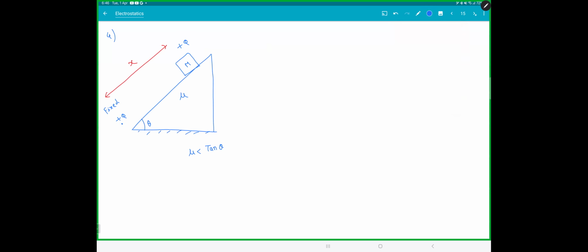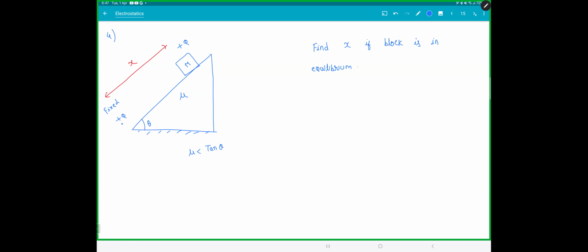So you kept a block on a rough surface and you kept another plus q charge at the ground level to repel it and keep it in equilibrium. Find the value of x if the system is in equilibrium. Friction, everyone. Told you, your mechanics will keep haunting you.